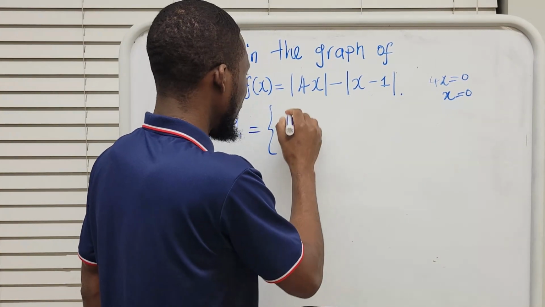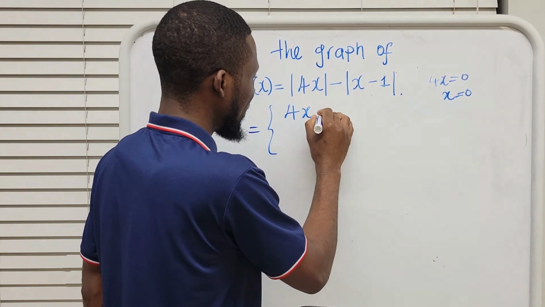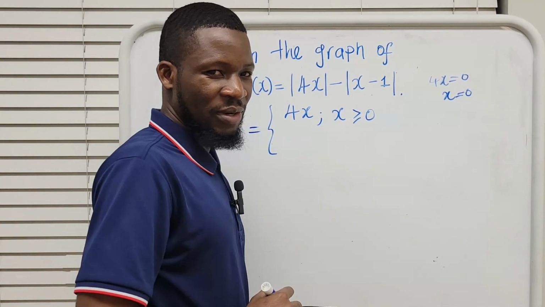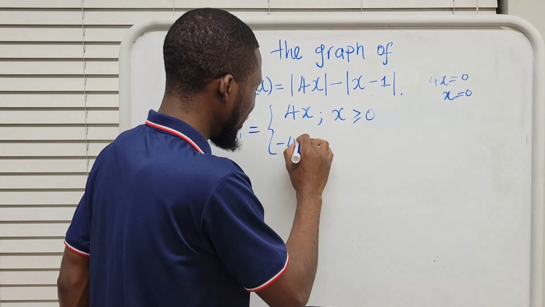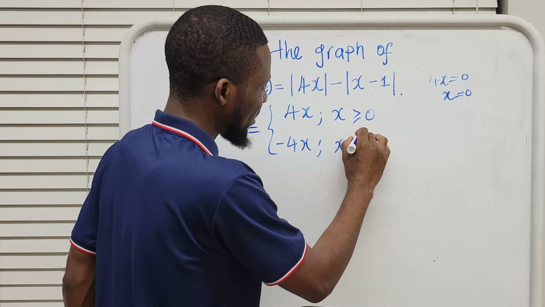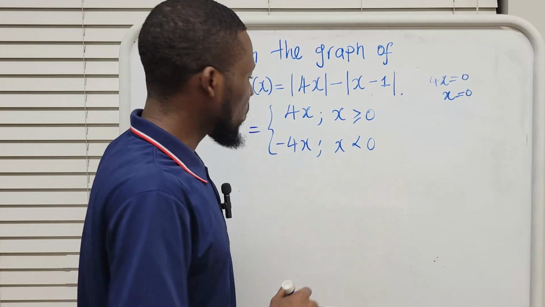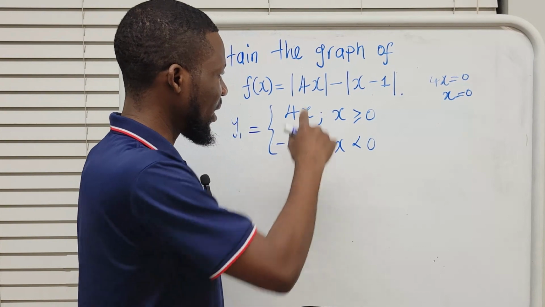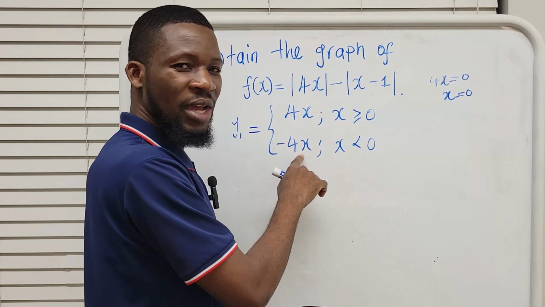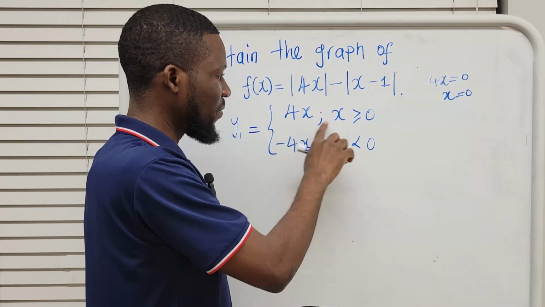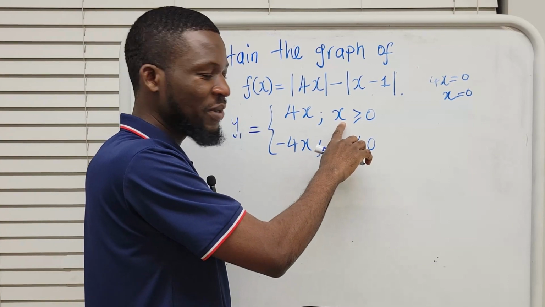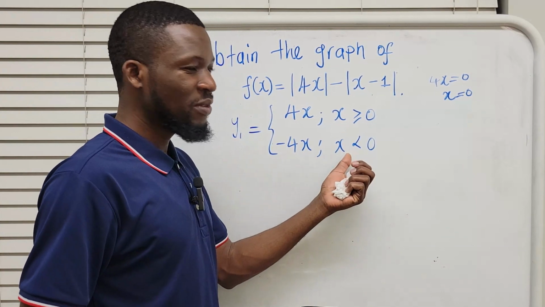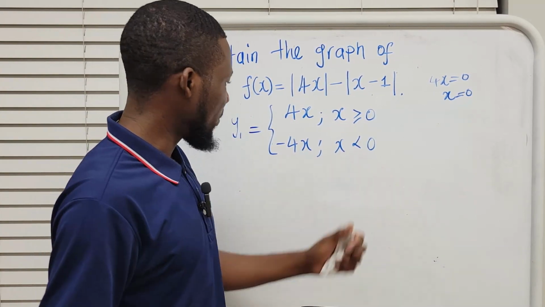Okay, so this is going to be positive 4x when x is greater than or equal to 0, and this will be negative 4x when x is less than 0. Okay, so here I'm just applying the definition of an absolute value function. The input can either be positive or negative. Now it will be positive when the value of x is greater than or equal to 0, and it will be negative when the values of x are less than 0.